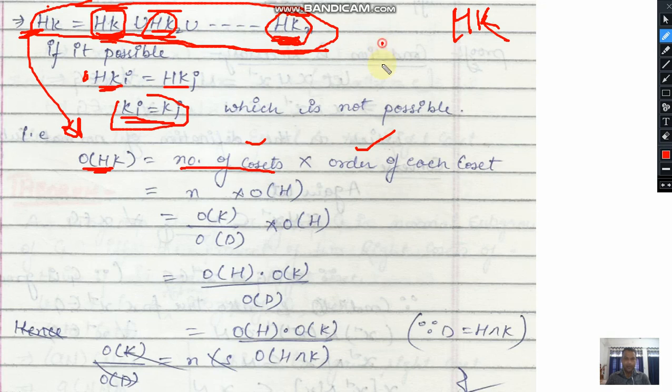Because the order of subgroup K is n, there will be n cosets. This is the first coset generated by K1, this is the second coset generated by K2, and this is the nth coset generated by Kn.